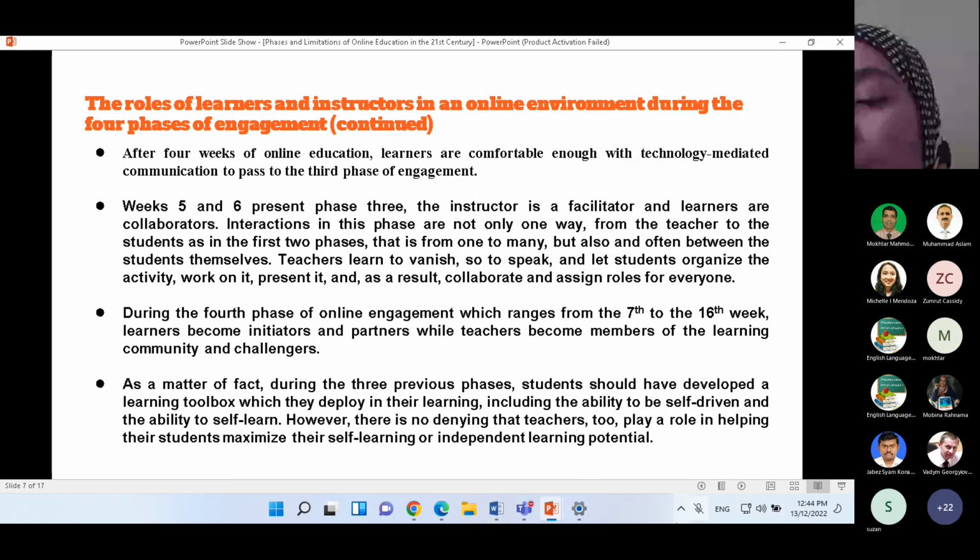During the 4th and final phase of online engagement, which ranges from the 7th to the 16th week, learners become initiators and partners, while teachers become members of the learning community and challengers.